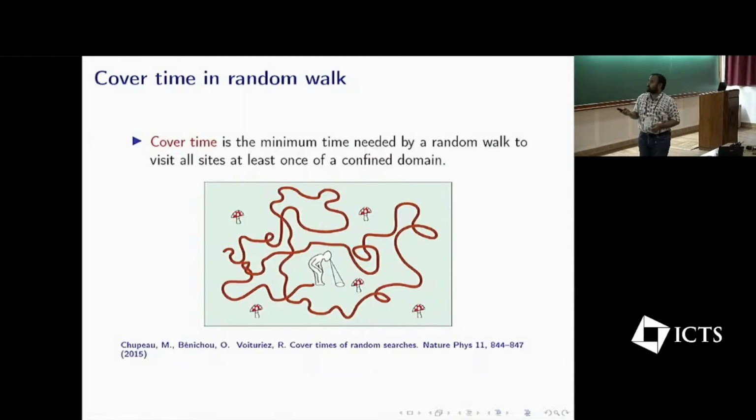When we talk about search processes, there is another term, which is cover time. Cover time is the minimum time needed by a random walk to visit all the sites at least once in a confined domain.